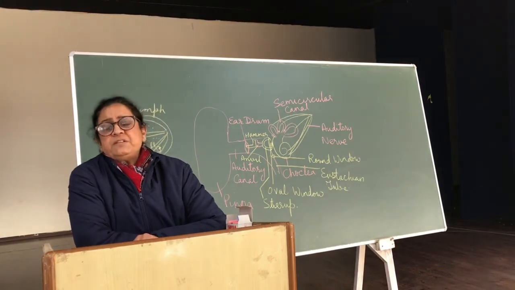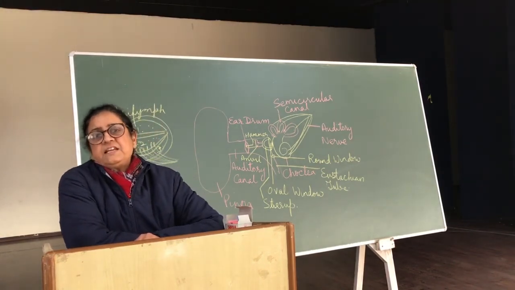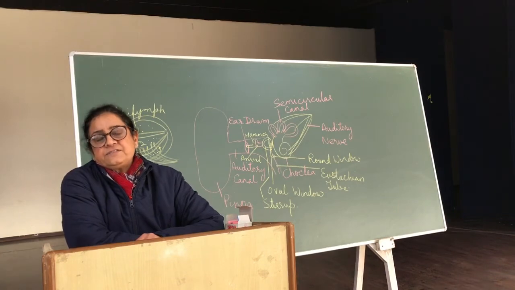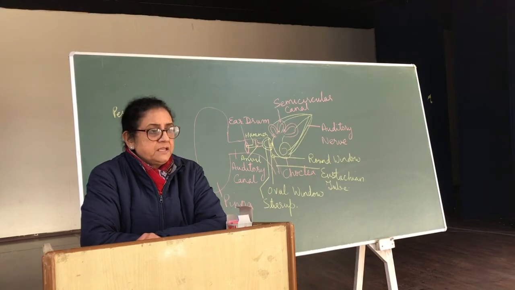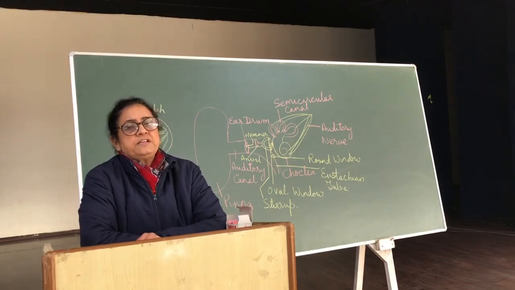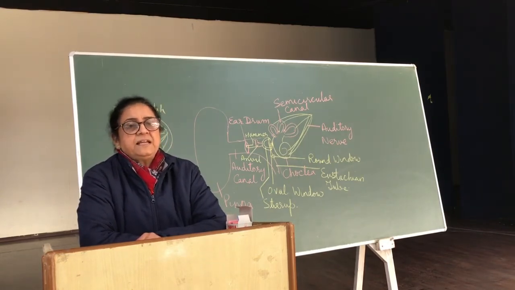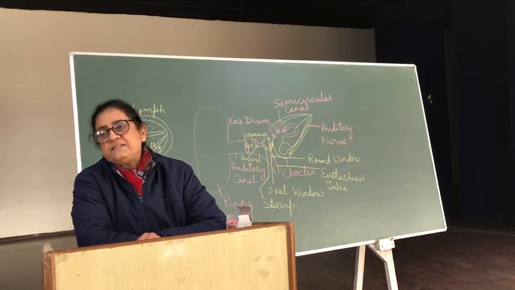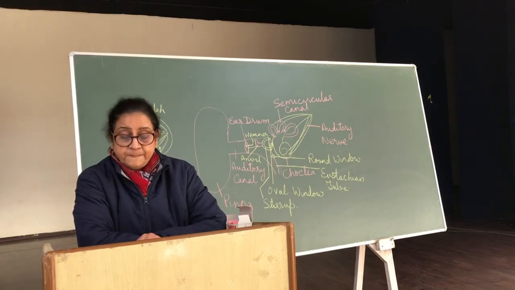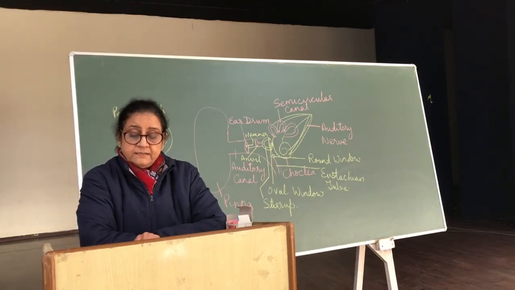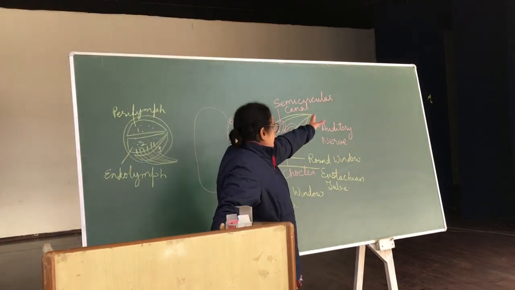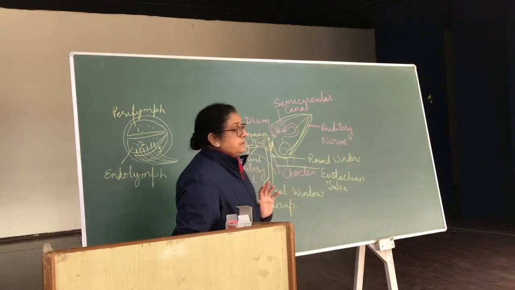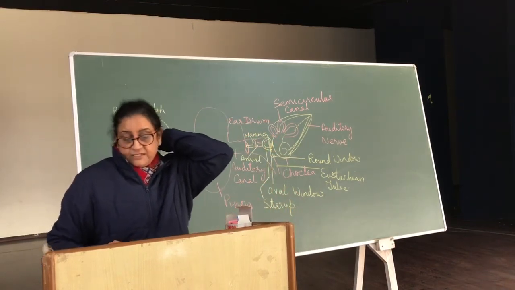So, the semicircular canals contain the ampulla, and the ampulla contains sensory cells which help in maintaining dynamic balance. What is dynamic balance? When your body is in motion, at that time the balance is maintained by the ampulla of the semicircular canals. And of course, from these ampulla also, the sensory cells carry the impulse to the brain, and the balance is maintained.